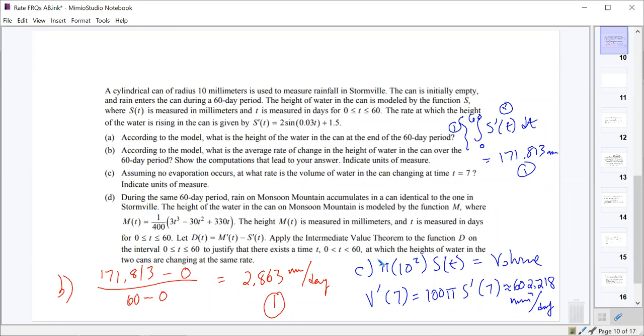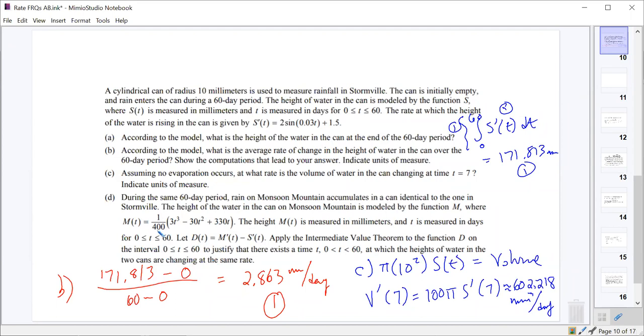So first off, we'd want to think about the function D. Right? Function D is a continuous function. We know that this function is continuous, and we know that this function's derivative is also continuous.